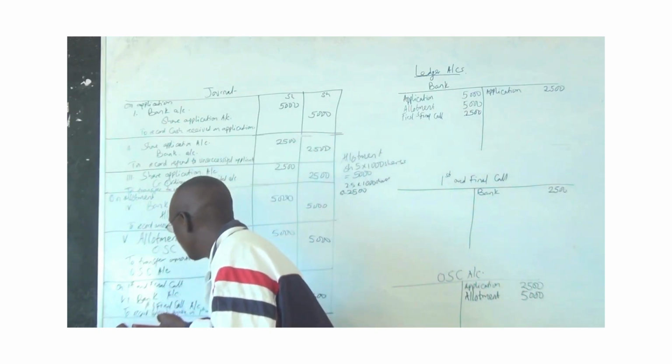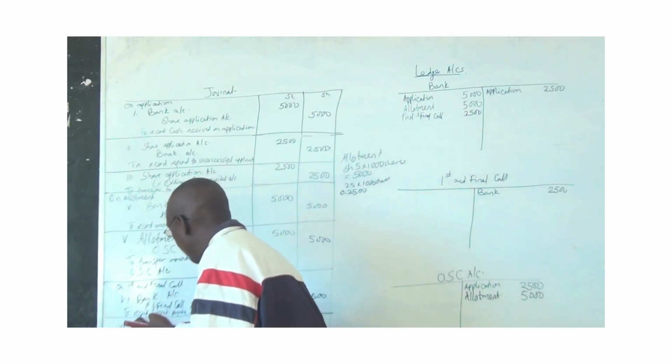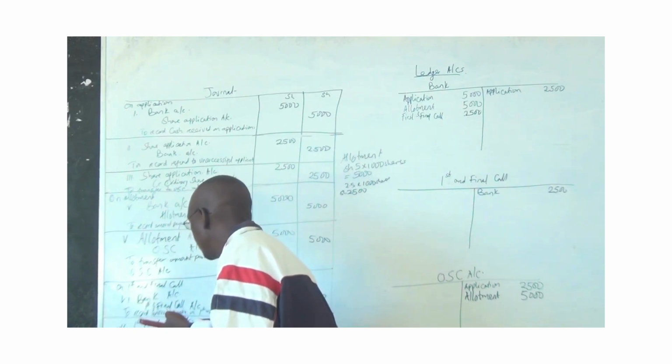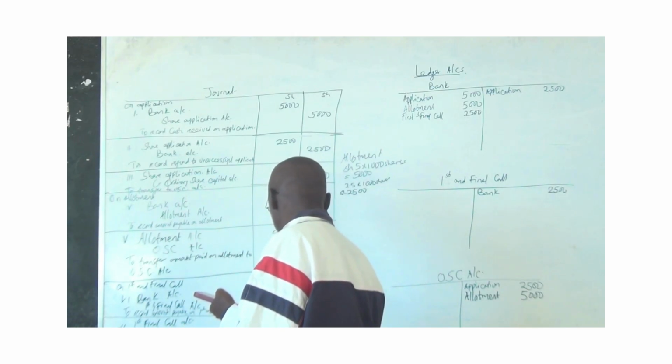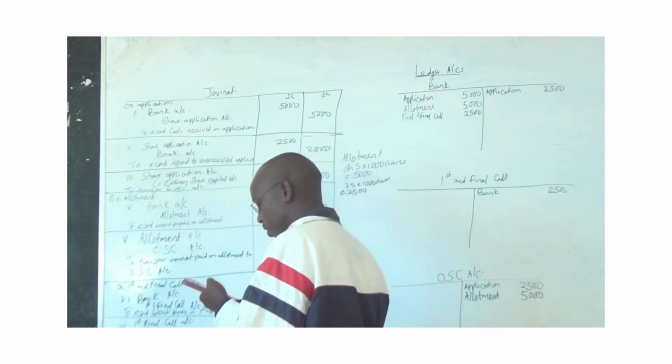So you debit the first and final call account and credit the ordinary share capital account. And you put a narration.